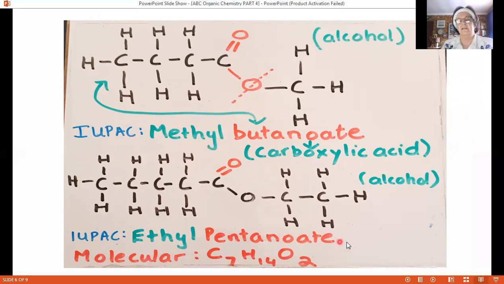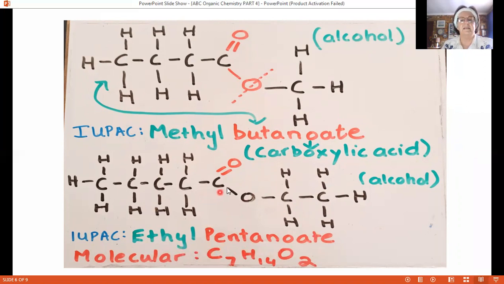So let's look at the next example. Right, immediately you recognize this is your carboxylic side because there's a double bond oxygen. So it's 1, 2, 3, 4, 5 again, so it will be pent. Here you've got your alcohol with 2, so it will be eth. So it's ethyl pentanoate.